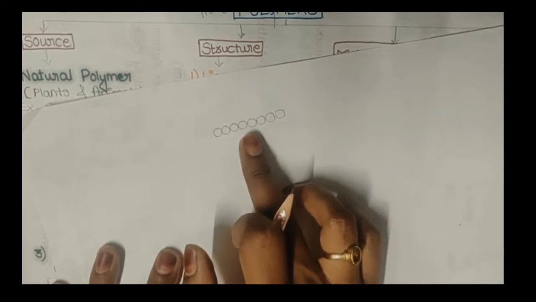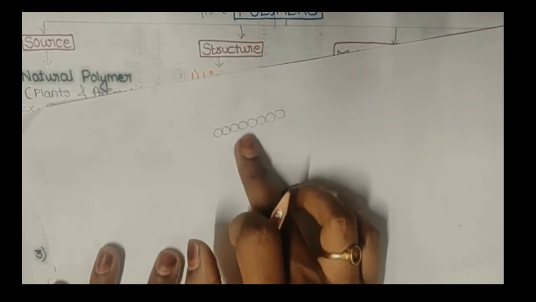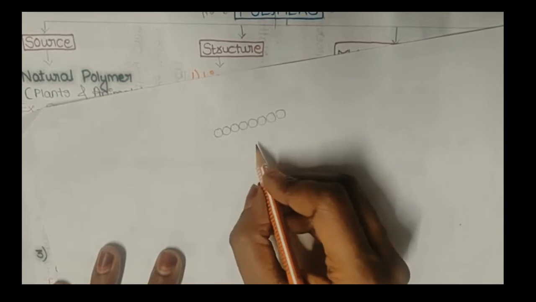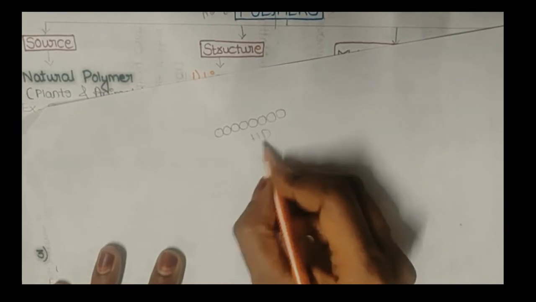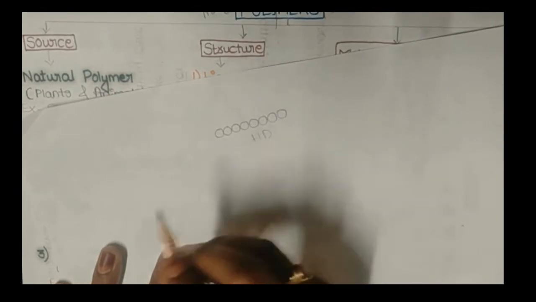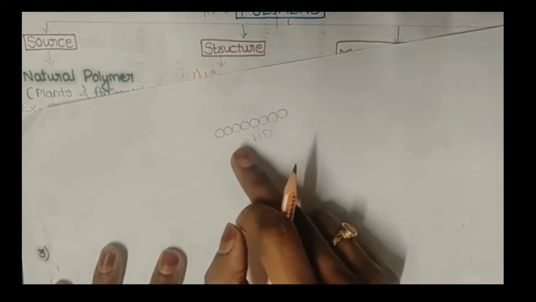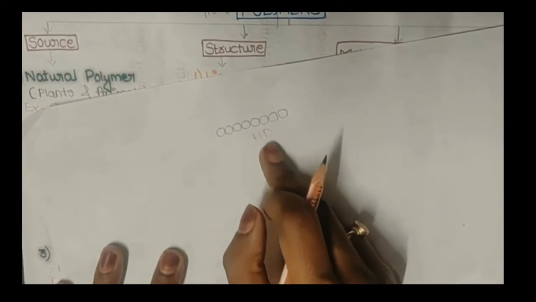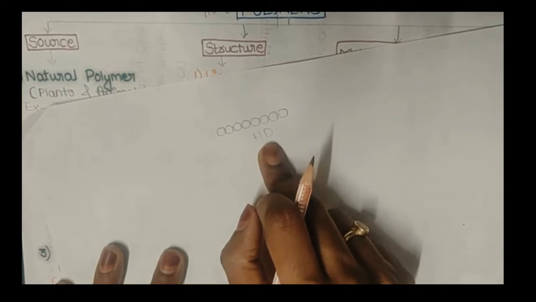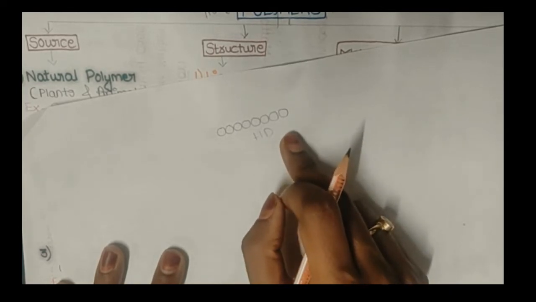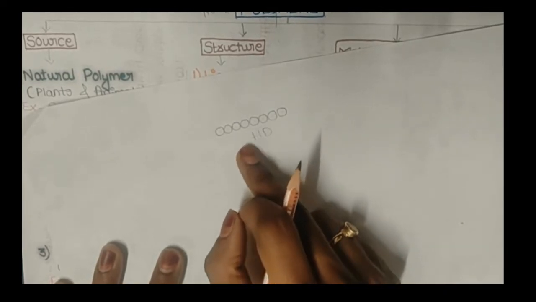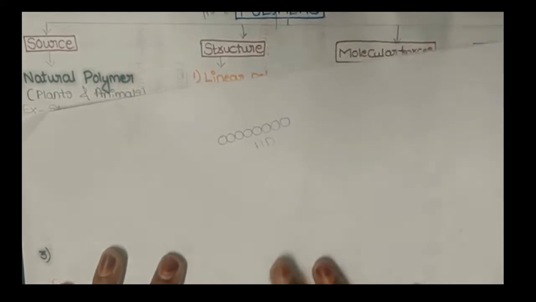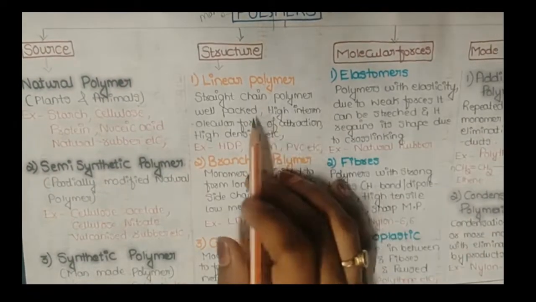The more the close packing, you know that there will be a high density. Why? Because volume will be reduced here. Because of the lower volume, it will have a higher density. Not only higher density, it will have a high melting point and a very high tensile strength. Then they are called linear polymers.